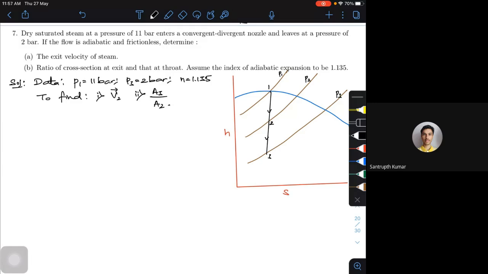If you observe very closely, there will be what we call the dry fraction or x lines. Corresponding to that you will get x2, and corresponding to that you will get x3. One more thing is that x2 is greater than x3. Say if x2 is 0.98, then x3 will be 0.92 or something like that.